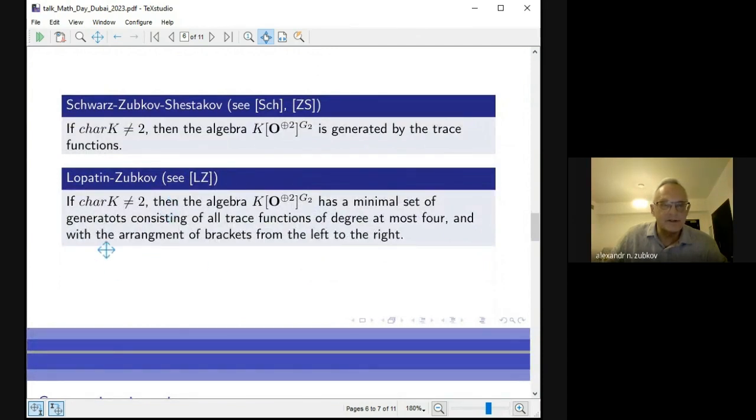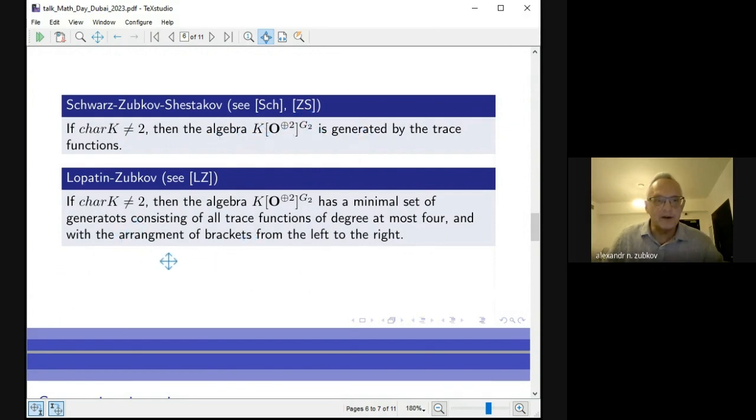First of all, we formulated the following improvement of the theorem by me and Shestakov.